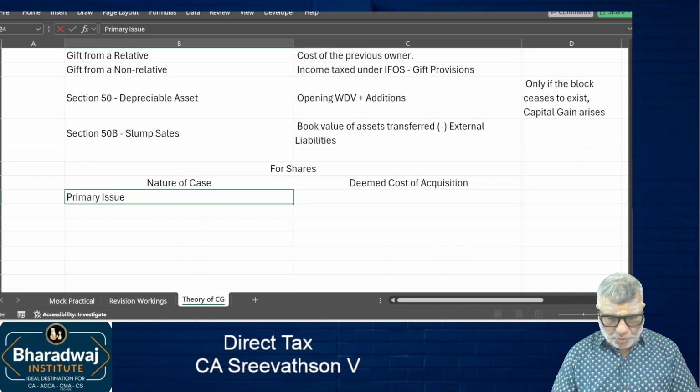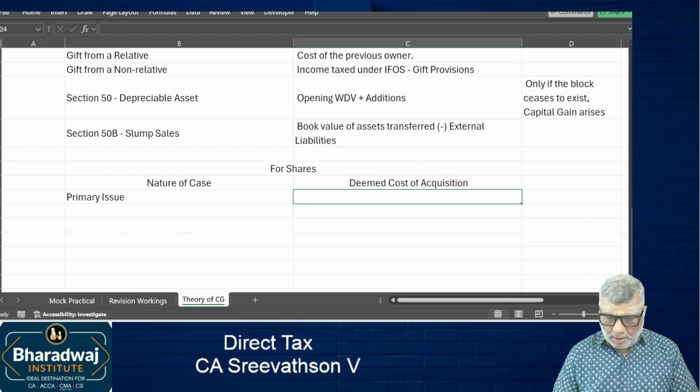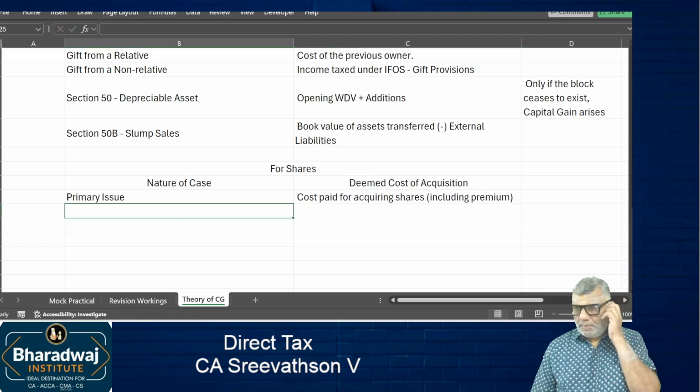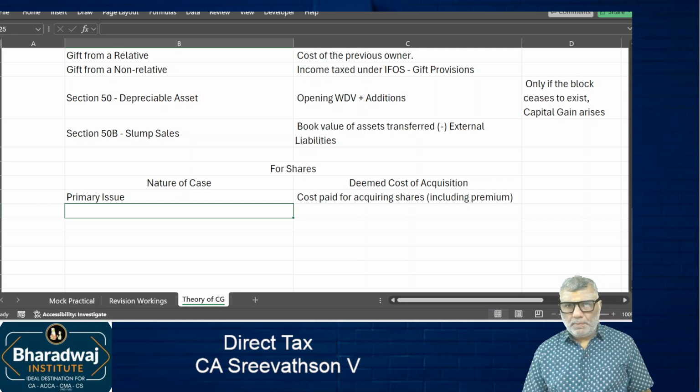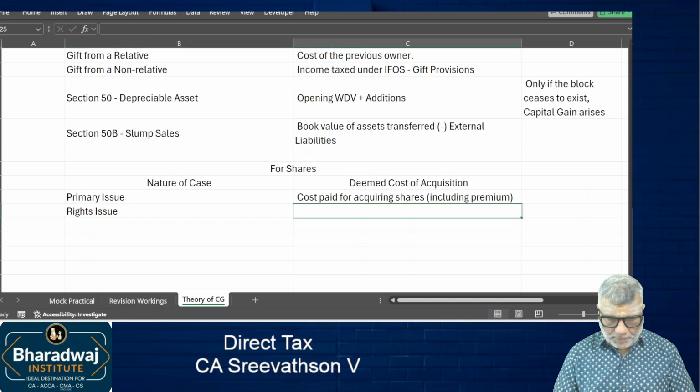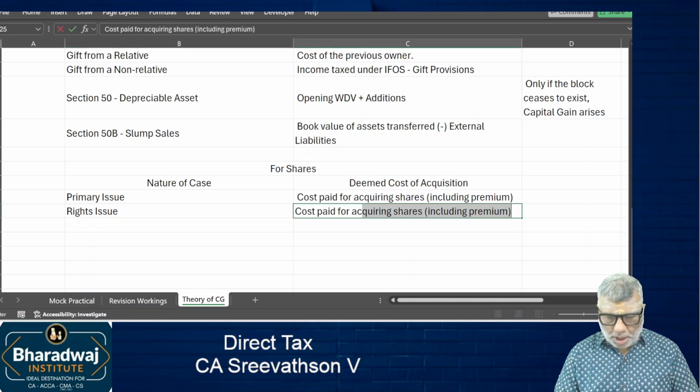Primary issue. Okay. Cost paid for acquiring shares. Rights issue: cost paid for acquiring shares plus cost, if any, paid for acquiring rights.